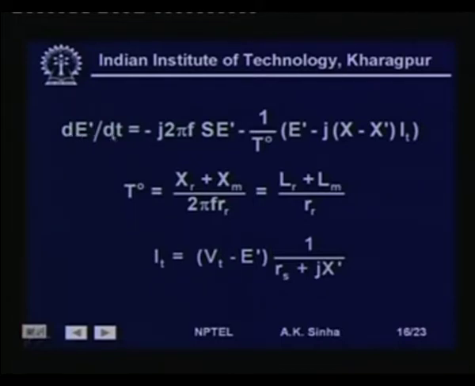So, dE dash by dt will be in this case given by omega f, that is twice pi f. So, this is omega.